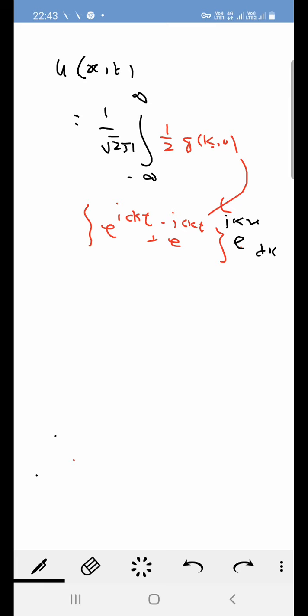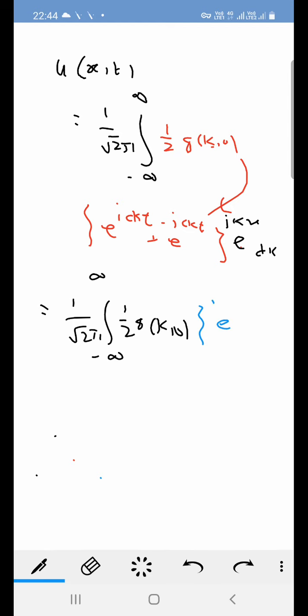So we can write this as equal to 1 by root 2 pi, integral from minus infinity to plus infinity, into half g(k, 0) multiplied by e to the power ik(x plus ct) plus e to the power ik(x minus ct) dk.